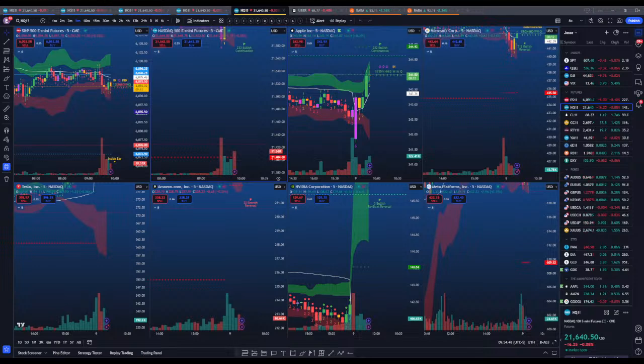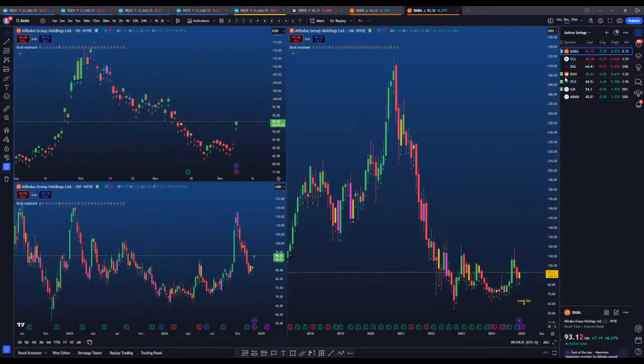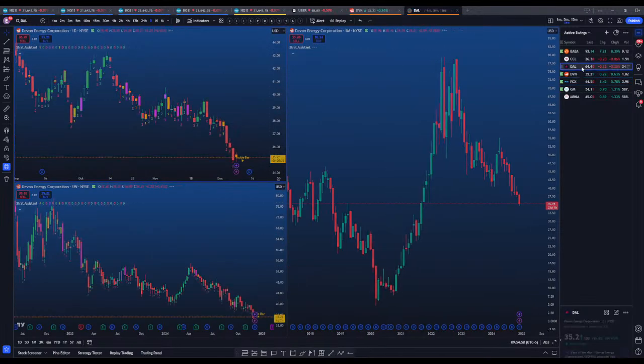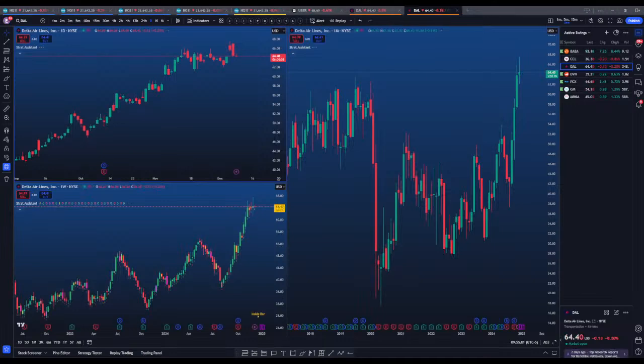Alrighty. Gosh, another gap up from SVX to FCX. All right.